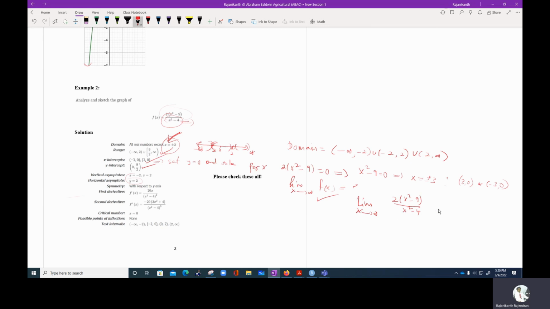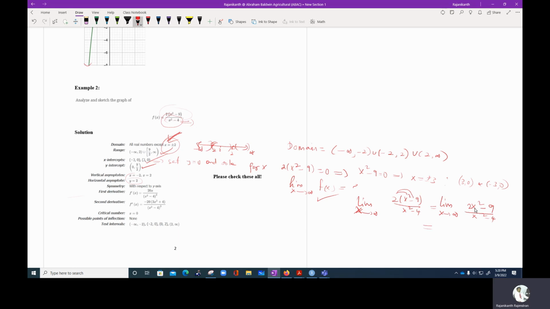Remember in previous section 3.5, we learned finding limits at infinity, right? So how do you find that limit? Limit as x goes to infinity, you could distribute inside, so you will get 2x squared minus 9 over x squared minus 4. Remember, that's a property.